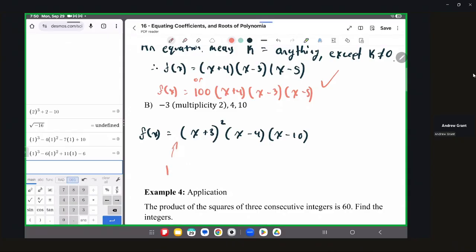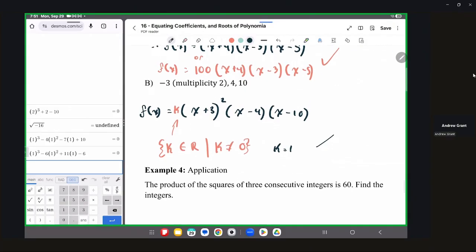So k is an element of all real numbers, just k cannot equal 0. But you just have to choose a specific value. So you might say k equals 1, and that's good enough for us.